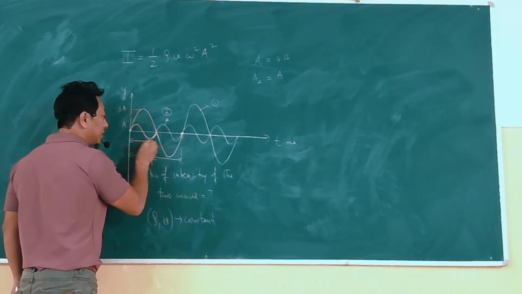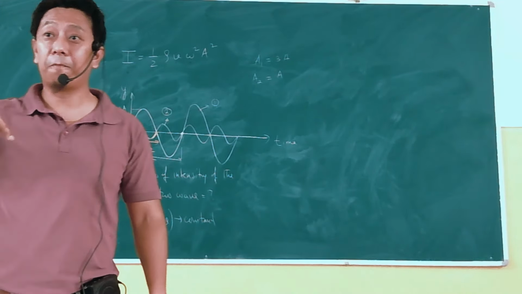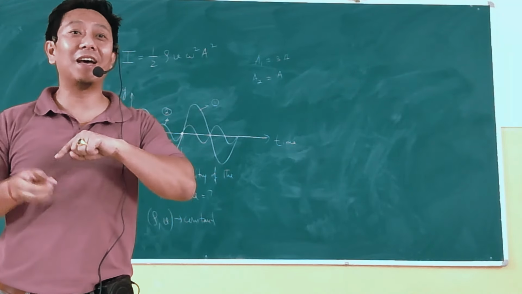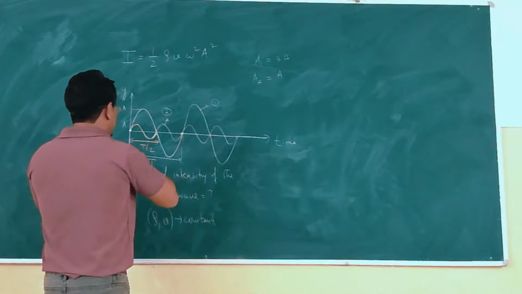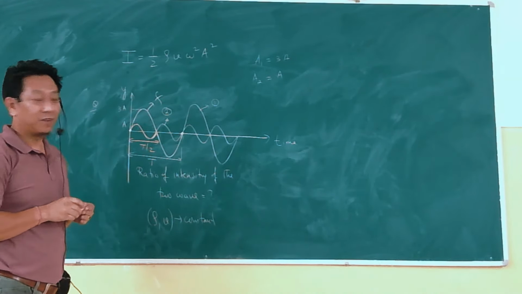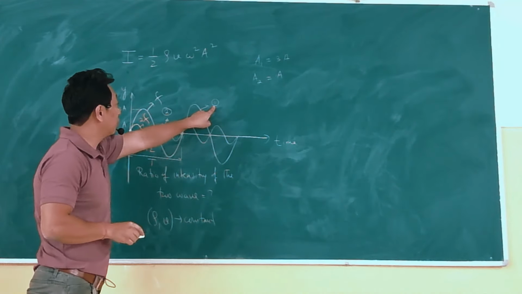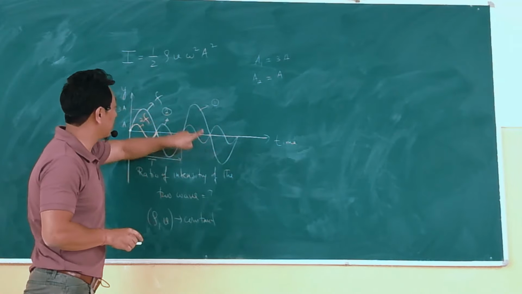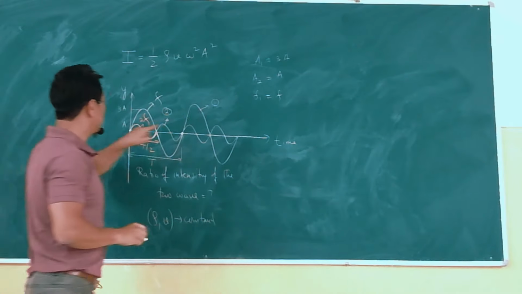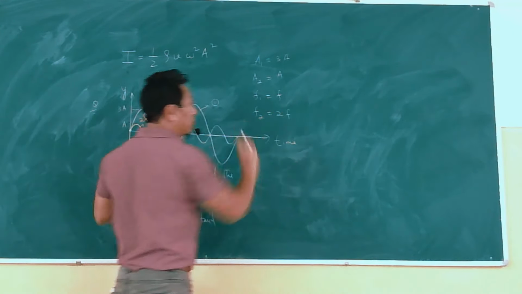Half of T. That means if the time period is half, frequency will be double, because frequency and time period are inversely proportional. So if the big wave has frequency f, the small wave will have frequency 2f.